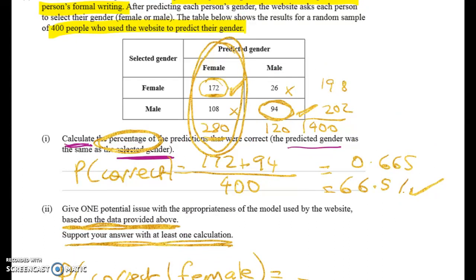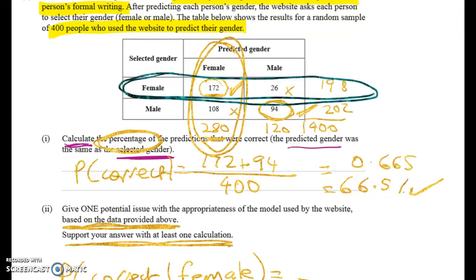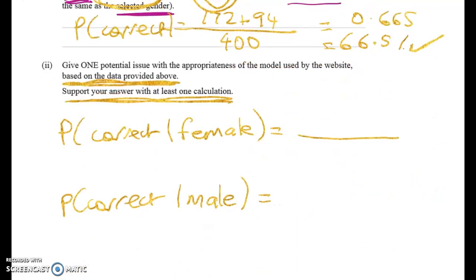So that's not what I want. I want the total who were female. So that's 198 people. Okay, so out of those 198 females, 172 of them had the model predict correctly. So that's the first calculation I'm going to do. Right, so that works out to be 0.869, which is 86.9%.